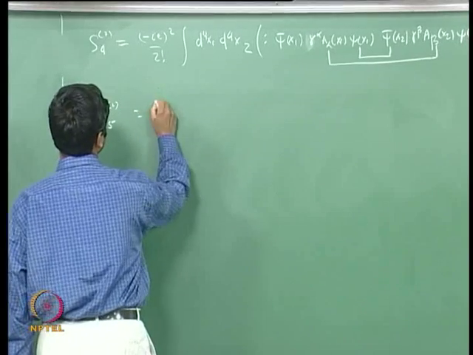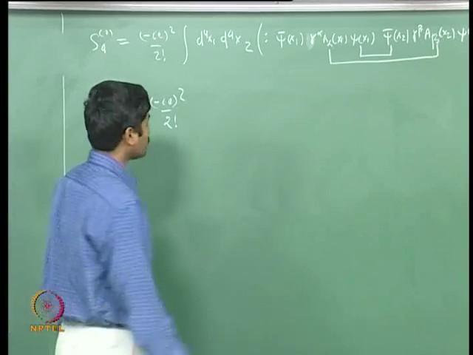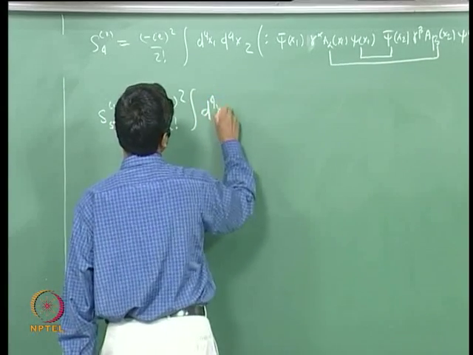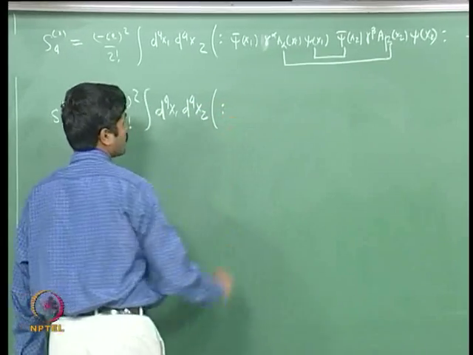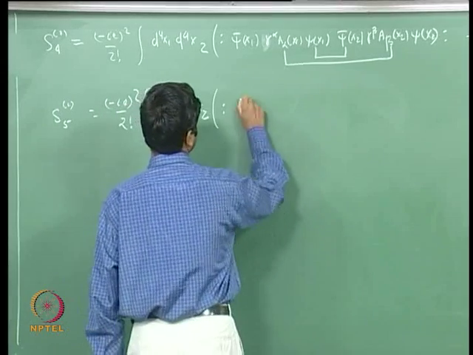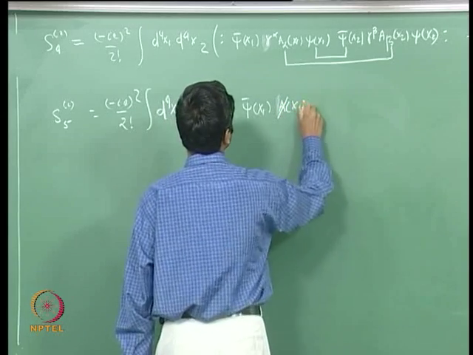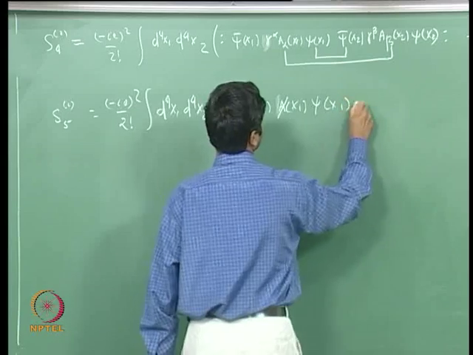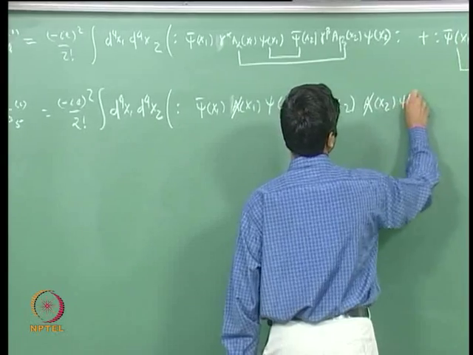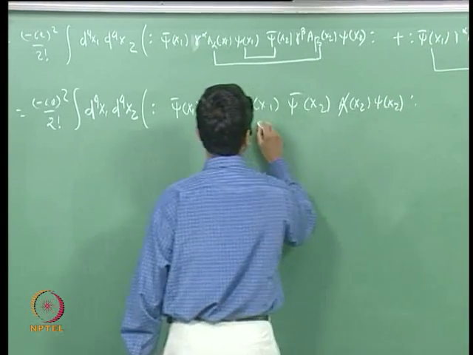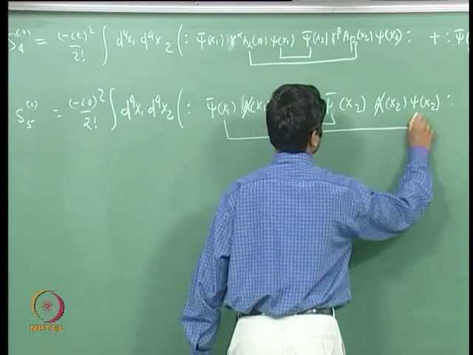So, S25 is minus i e squared over 2 factorial normal ordered product of, where this contracts with this, and then this one contracts with this.